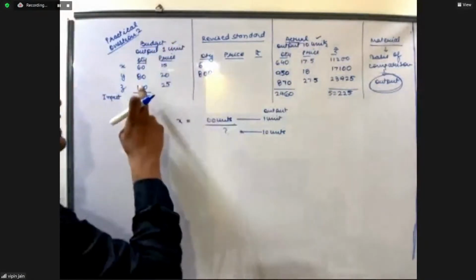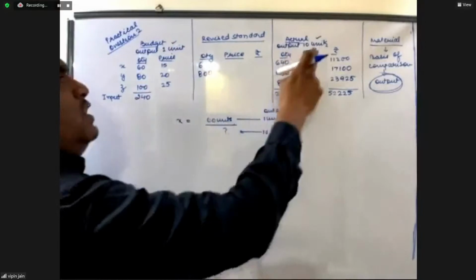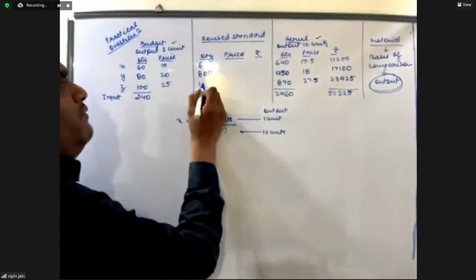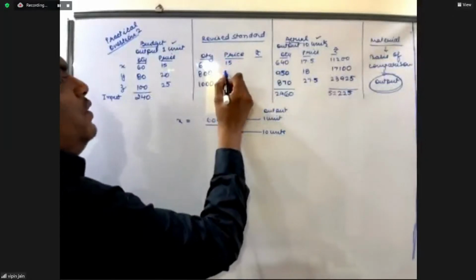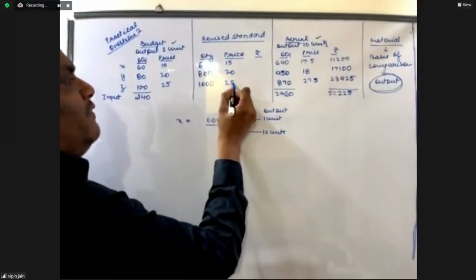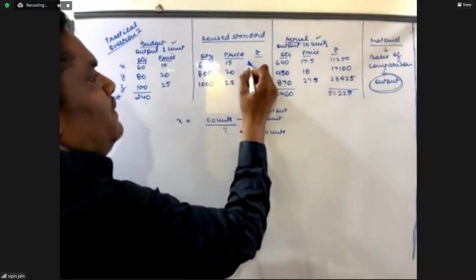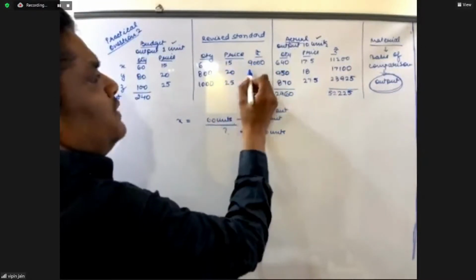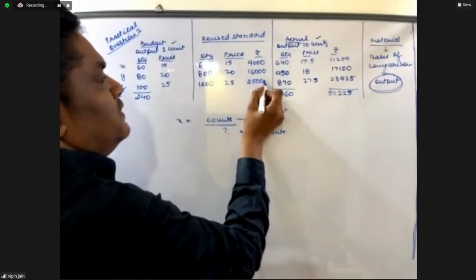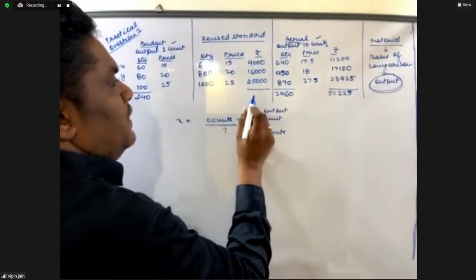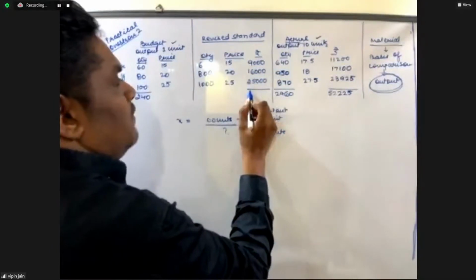Again, 1 unit requires 100 units of raw material. So for 10 units, how much raw material will be required? 1000. So 15, 20, and 25. So this will be 9,000. This will be 16,000. And this will be 25. And the total cost will be 50.